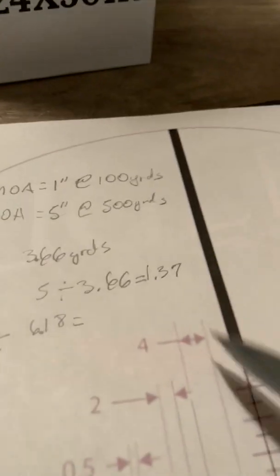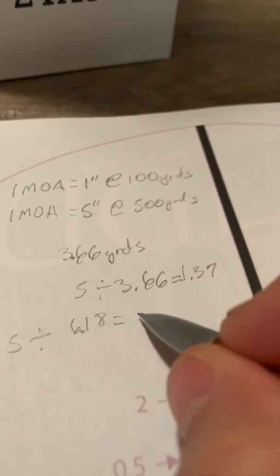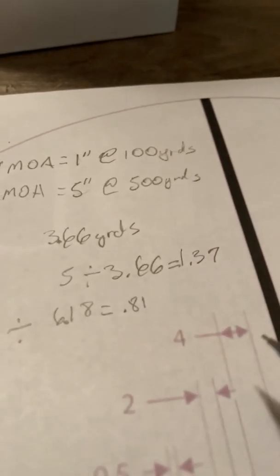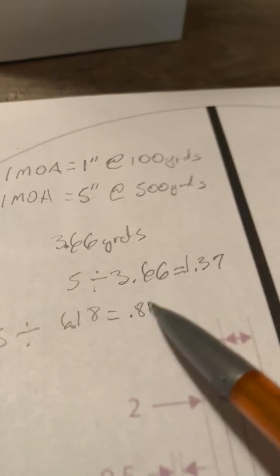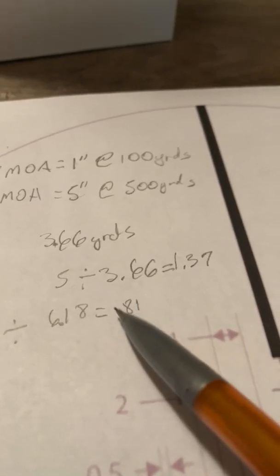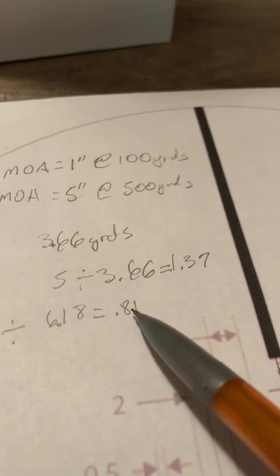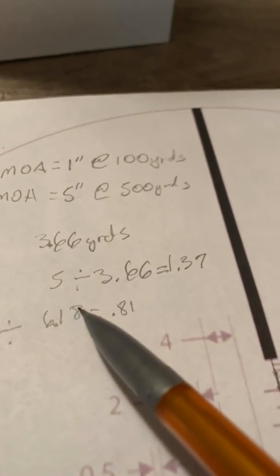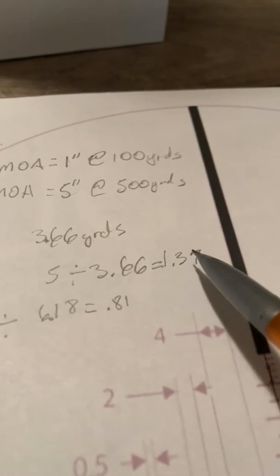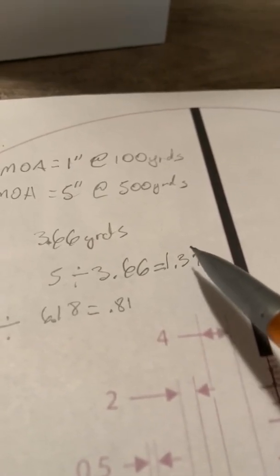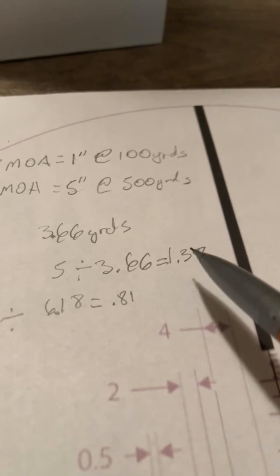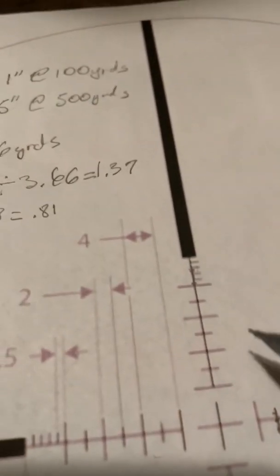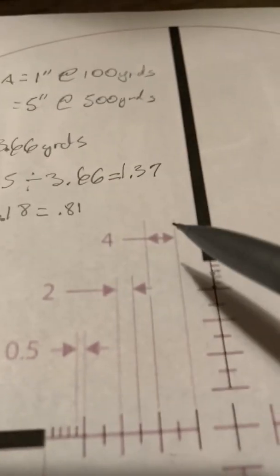Now, if you notice, if it's further away from 500, your MOA is going to be smaller, because you're looking further. If it's closer than 500, it's going to be bigger. That's a check, to make sure you didn't put it in backwards or wrong or anything like that, which can happen. All right, so 0.81.